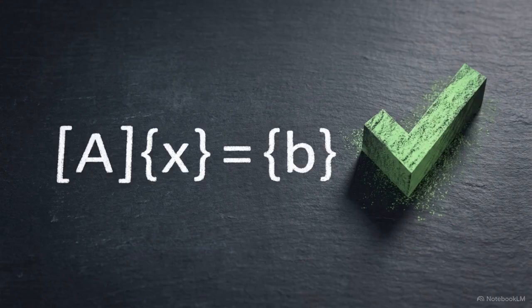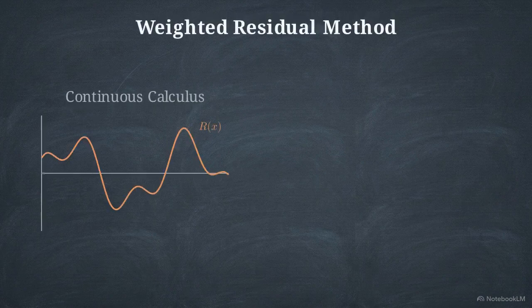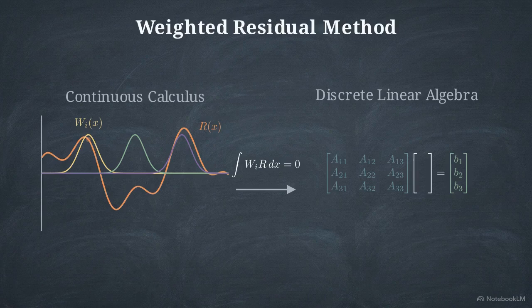Arriving at this solvable algebraic matrix represents the successful completion of the weighted residual method's primary objective. The weighted residual method uses linearly independent weights to translate an intractable continuous calculus problem into a discrete, computationally solvable linear algebra problem.